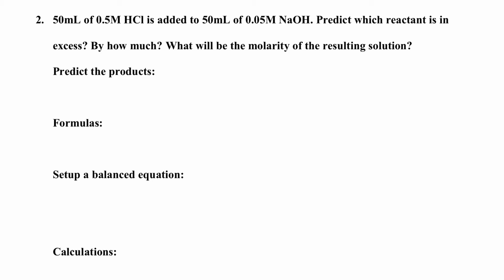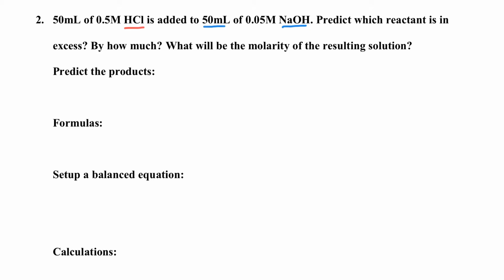Now let's see what we have. We have two chemicals here. Your chemical number 1, which I'm marking in red, is hydrochloric acid. Chemical number 2 is sodium hydroxide. They react together and make something. We'll need to figure out what that something is. Let's see what information we know about sodium hydroxide.